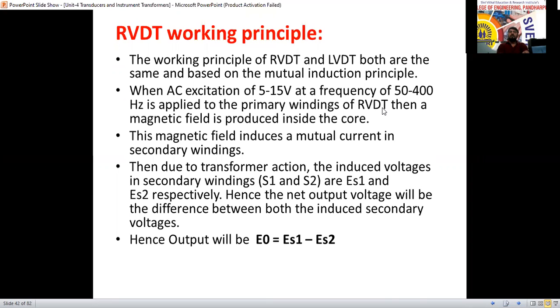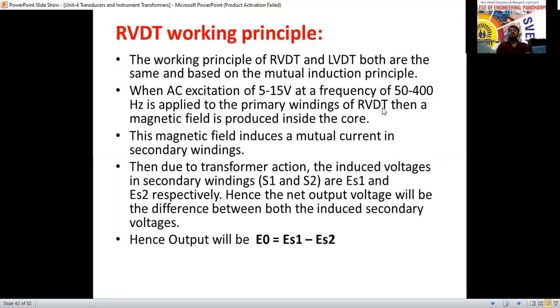The induced EMF in S1 we call ES1, and the induced EMF in S2 we call ES2. The differential output we consider as ES1 minus ES2. So the net output of the differential transformer is ES1 minus ES2. This is the general working we are discussing.